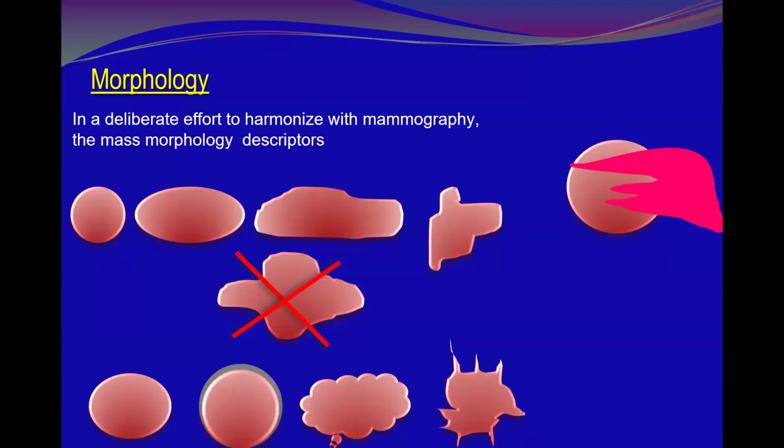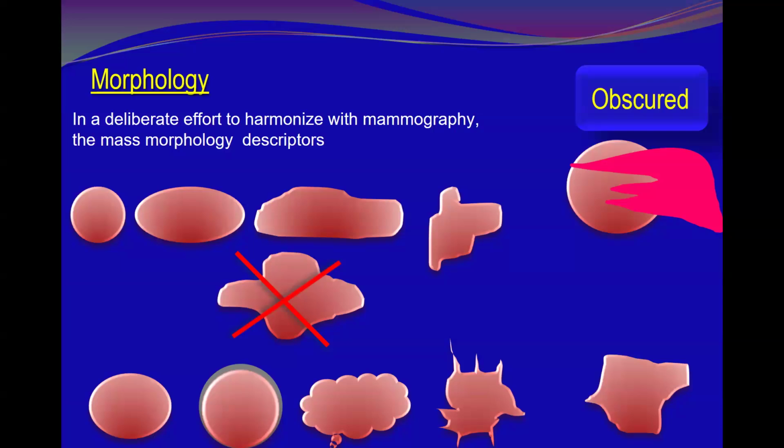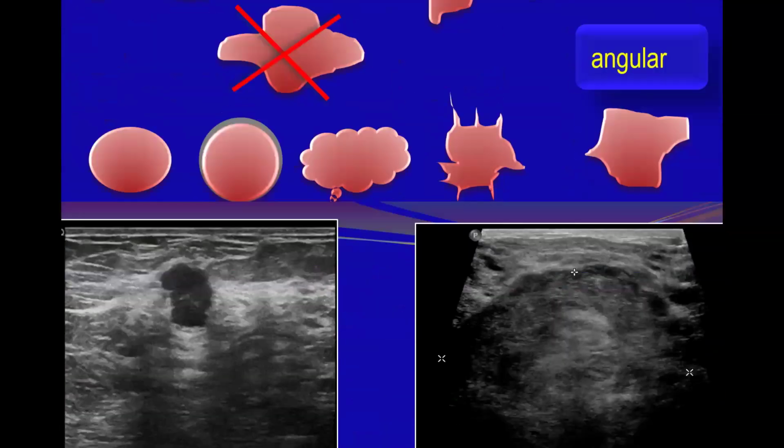However, the partially obscured descriptor is unique to mammography, not used on ultrasound. And the angular descriptor is unique to ultrasound, not used on other modalities.